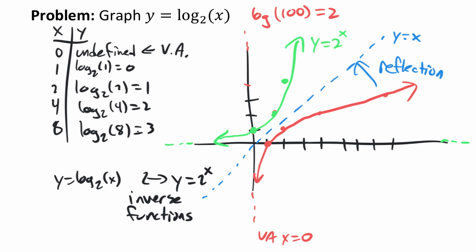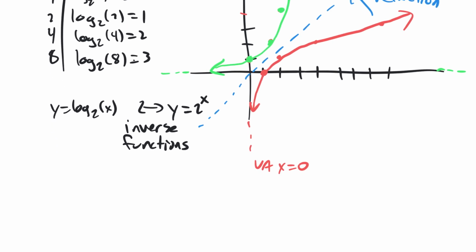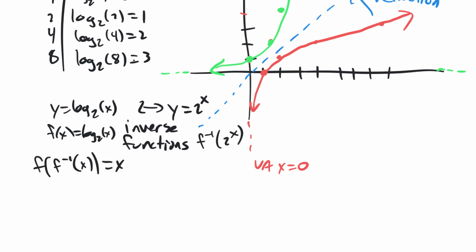How do you know that? How can we guarantee that? Well, imagine this is our f of x, and then imagine this is our f inverse. And we know that something is an inverse when f of f inverse of x just equals x.